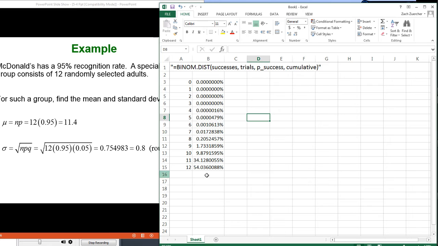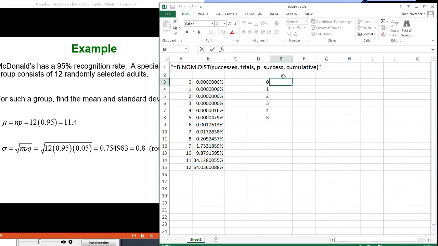Okay, I want to do this for another case similar to what we did in class. Let's go with baseball, and we're going to look at a case where over the course of a game, a baseball player comes up to bat 5 times.